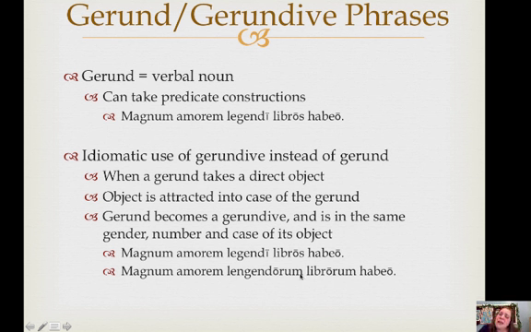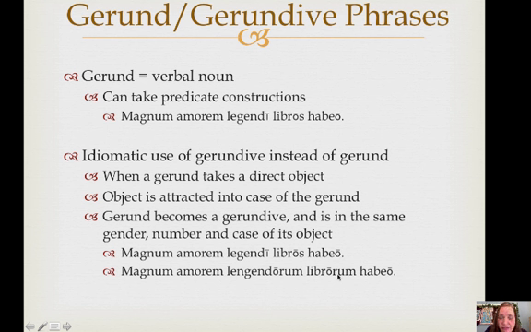Now, if we look at the second example, the second sentence is also going to translate, I have a great love of reading books. Now, instead of using that verbal noun, that gerund, legendi, what has happened is that the libros, the object of legendi, has been attracted into the case of the gerund, which is genitive, right?